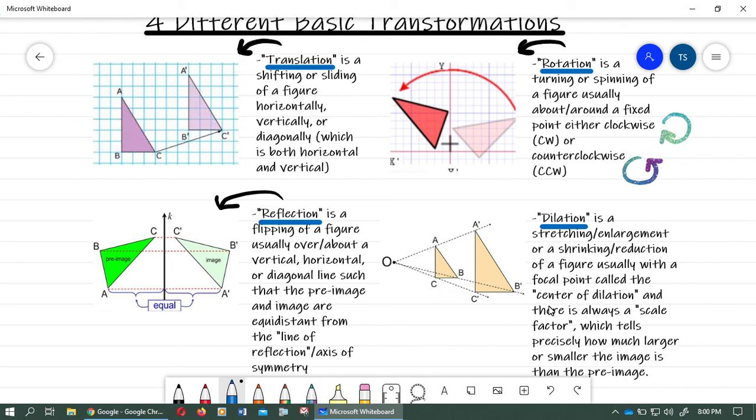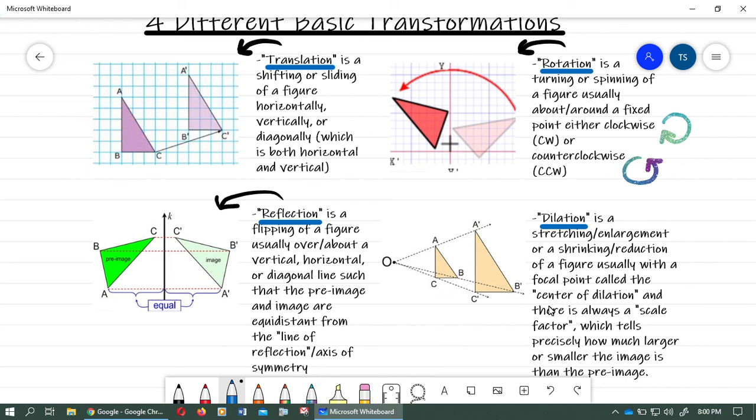Now, guys, as far as center of dilation, let me give you another example. Have any of you guys ever been playing around with a flashlight? Maybe it's dark and you're telling ghost stories, or making little shadow puppets on the wall. You got a flashlight and you got your fingers in front of the flashlight.